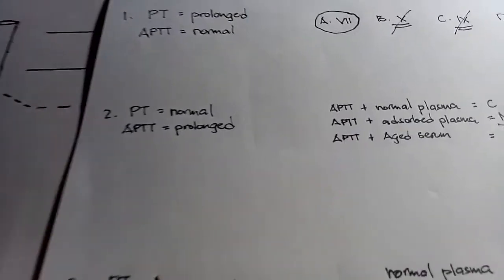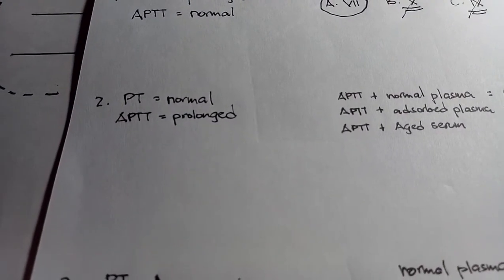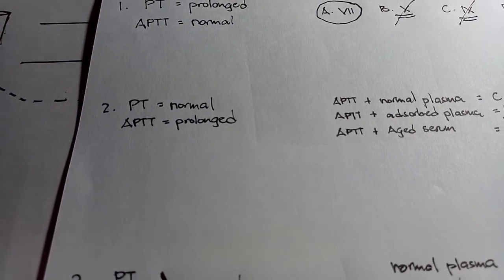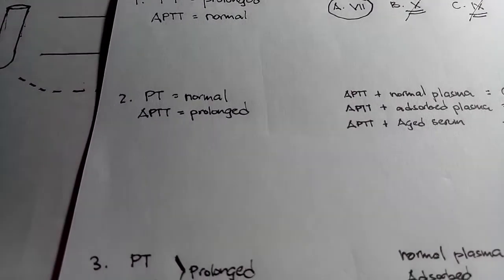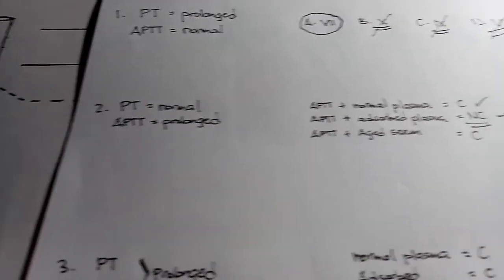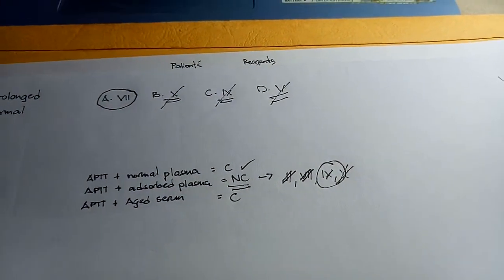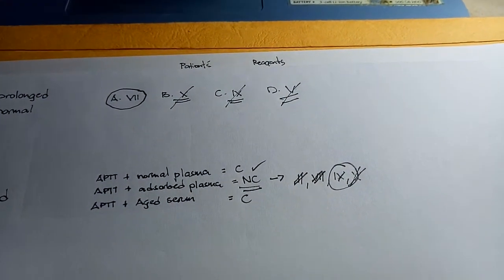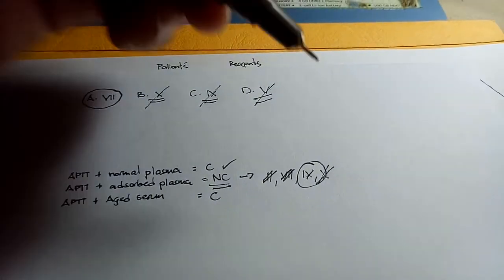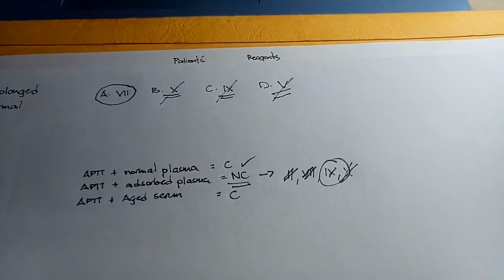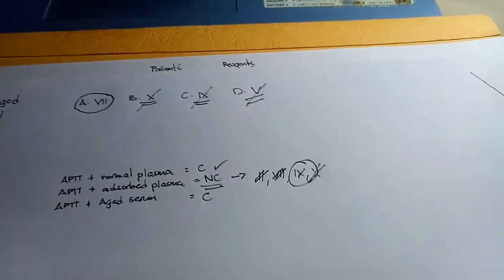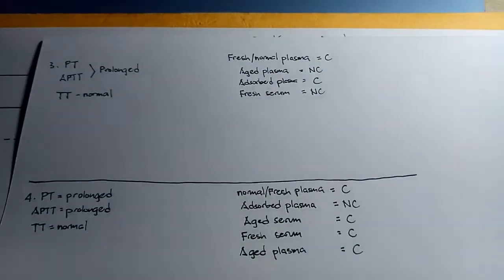Kasi kung titingnan mo number 2, PT is normal, APTT is prolonged, so meaning nasa intrinsic pathway yung missing coagulation factor natin. Si factor 9 ba nasa intrinsic pathway? Yes, tama. So, our missing factor is factor 9.